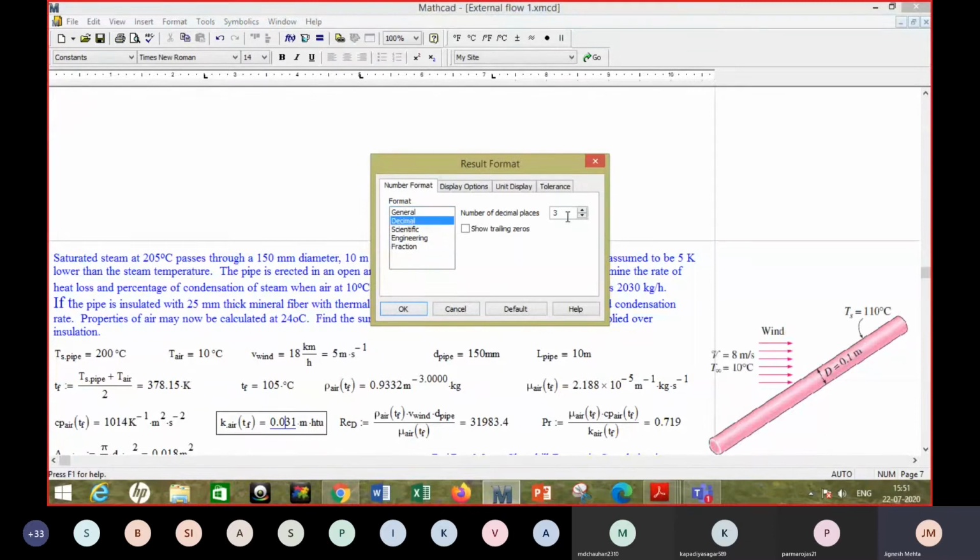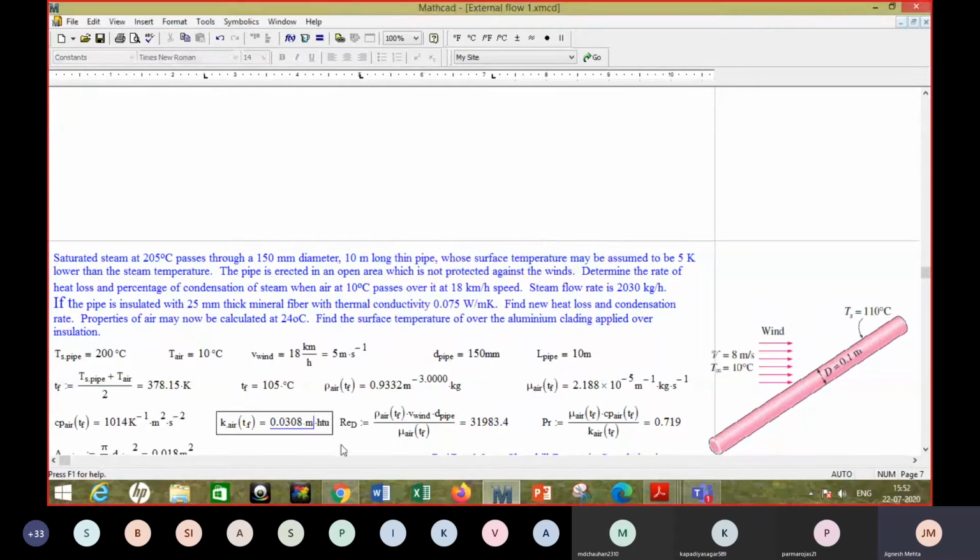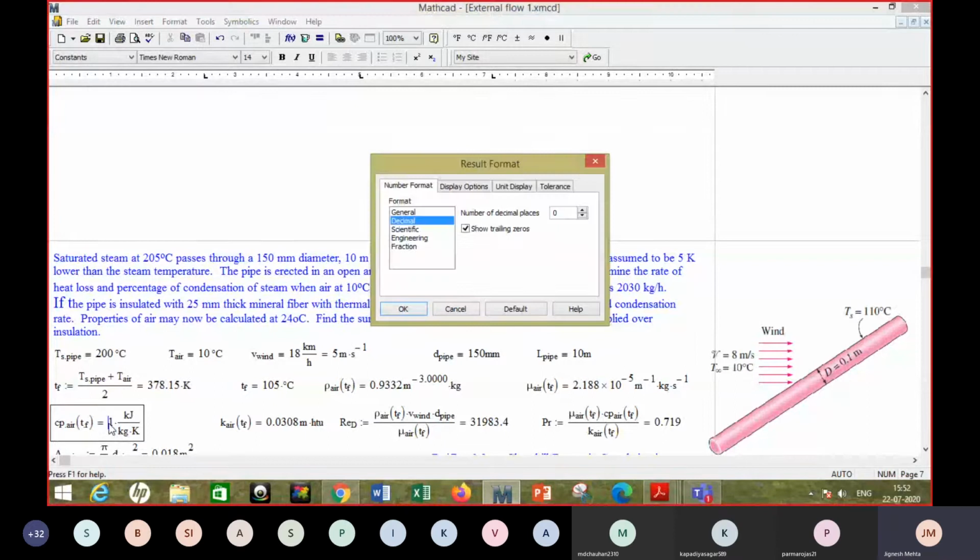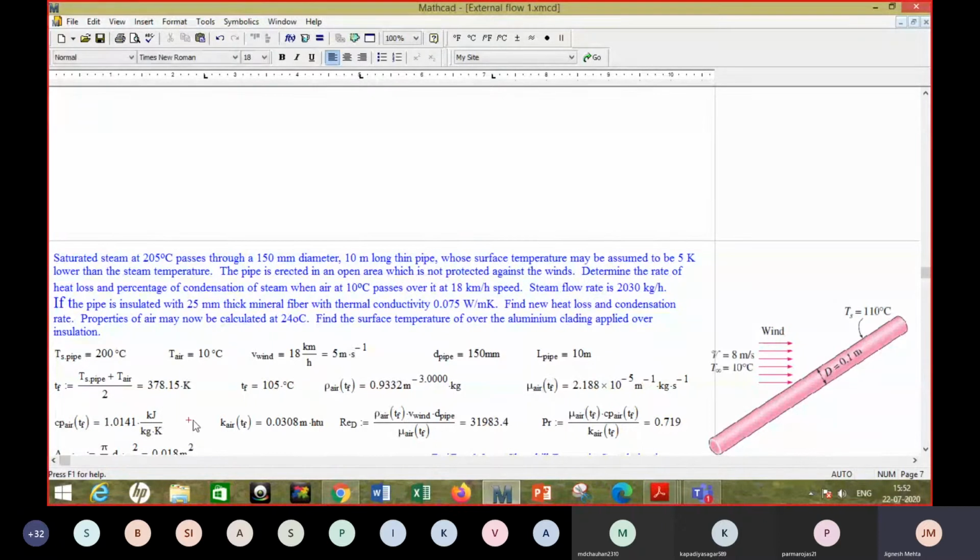Okay. So they are 1014. This is basically kilojoule per kg Kelvin. You may need it to get the Prandtl number, right? So Cp is 1.0141 kilojoule per kg Kelvin, and thermal conductivity is 0.0308.